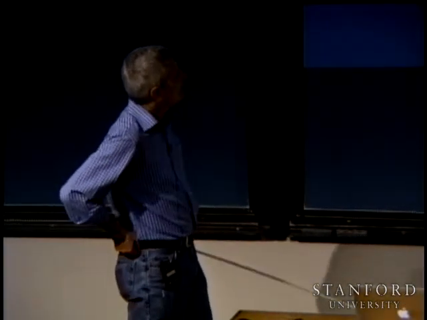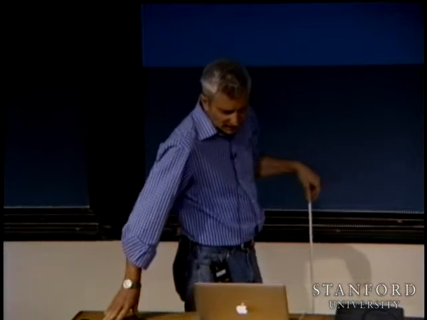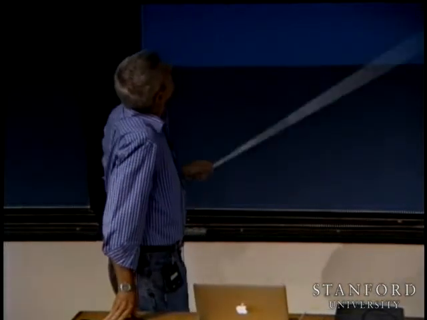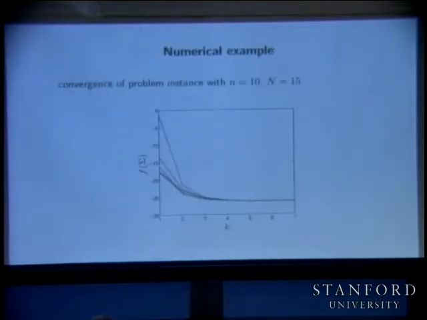So this is a difference of convex functions, convex minus convex. And so if you linearize the log determinant, you just get this, because you get the trace of the inverse times the difference. That's constant. This is affine in sigma, and that's convex in sigma, and so we'll minimize that.